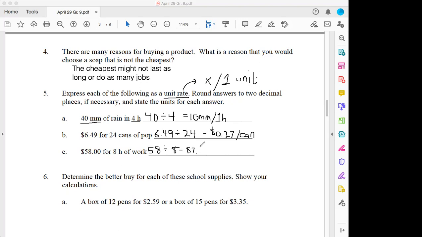That is what I got paid when I was you guys' age, many moons ago. Okay, so $7.25 per hour is what the person is getting paid. So I'm going to erase that. We're going to go on to number 6.